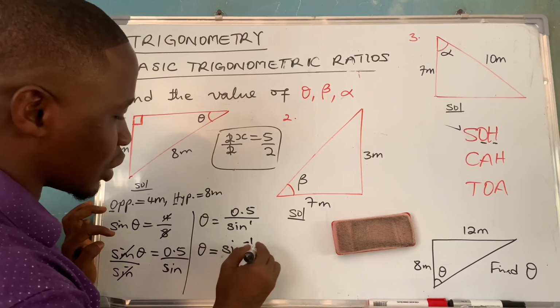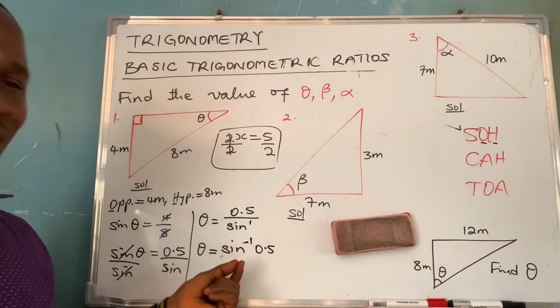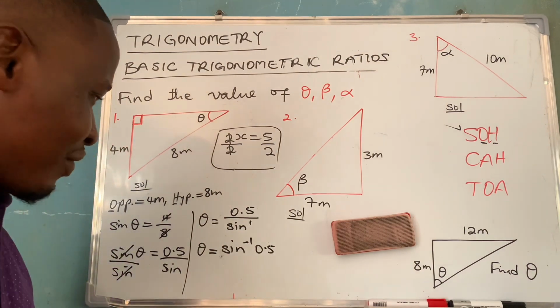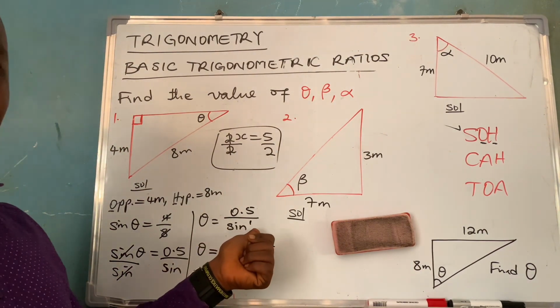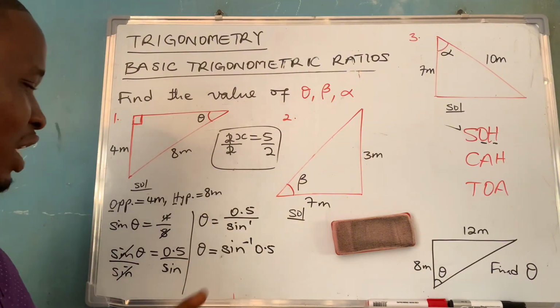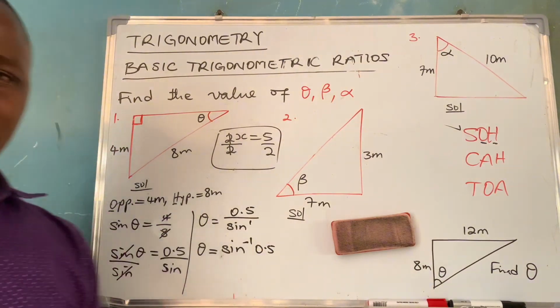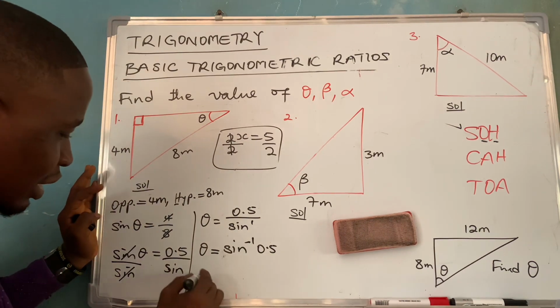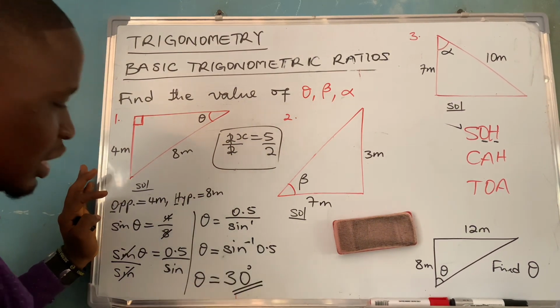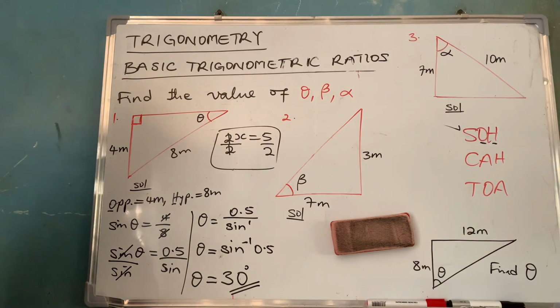So this one is read as sine inverse of 0.5. So what is sine inverse of 0.5? The angle theta is equal to 30 degrees. This is what we get for angle theta.